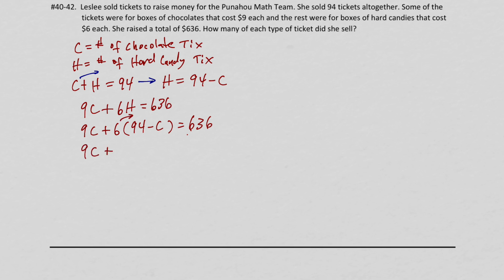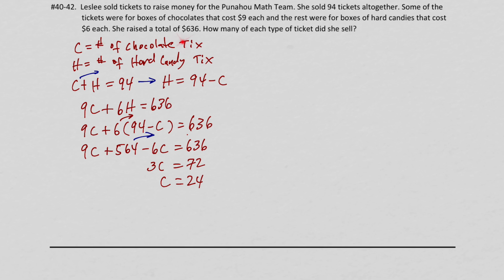Now distribute this, and grab a calculator. 6 times 94 is 564, minus 6C is equal to 636. Combining these like terms, that's 3C, is equal to, and I'm going to move this 564 over, 636 minus 564, which is 72, so C is equal to 24.